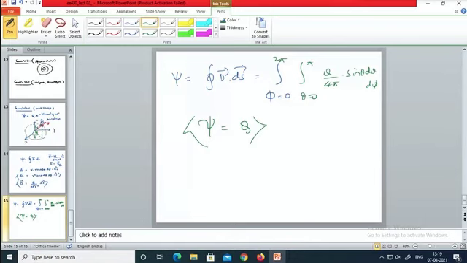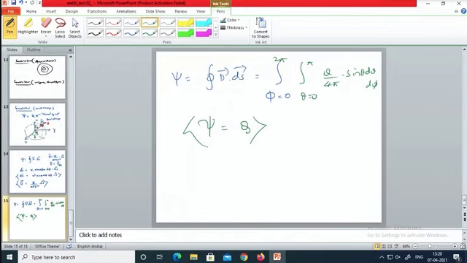So it can be said that the proof of Gauss law is the outcome of Coulomb's law. I have not gone into the simplification part, so I leave the integration calculations to you.